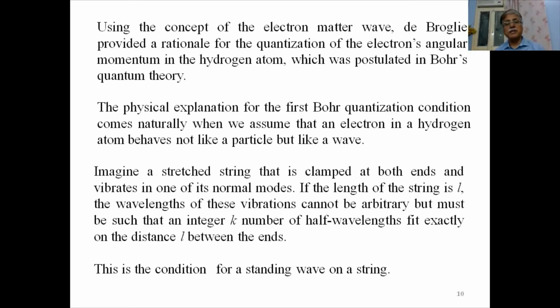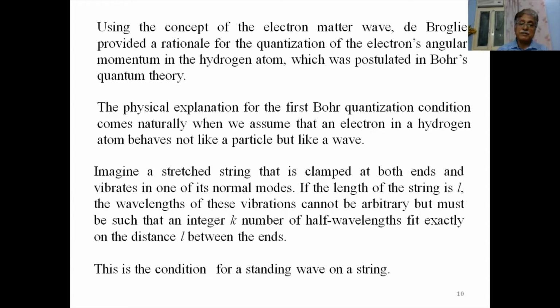If the length of the string is L, the wavelength of these vibrations cannot be arbitrary. Mind it, not all wavelengths will fit into that length L. Rather, it must be such that an integer k number of half wavelengths fits exactly on the distance L between the ends. This is the condition for a standing wave on a string.